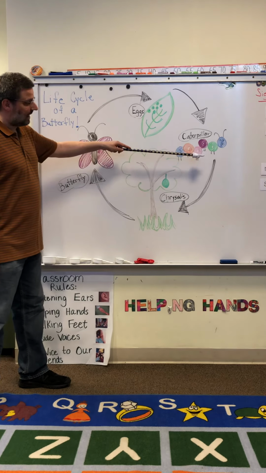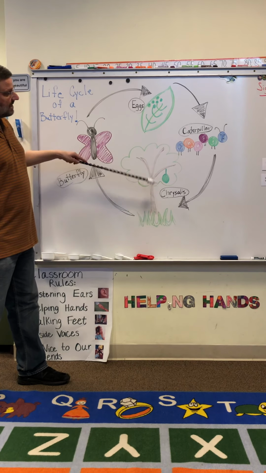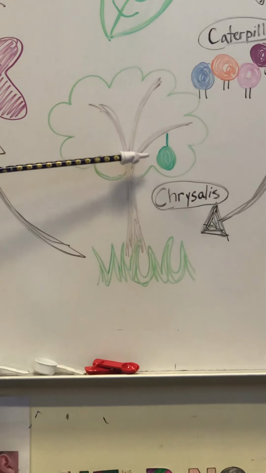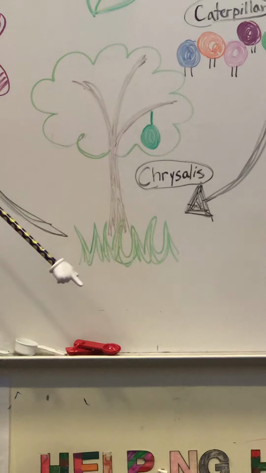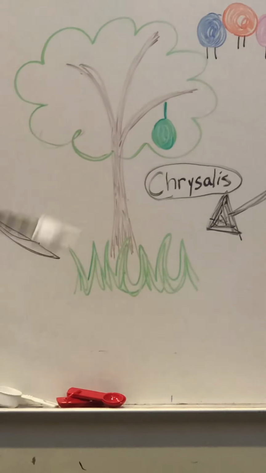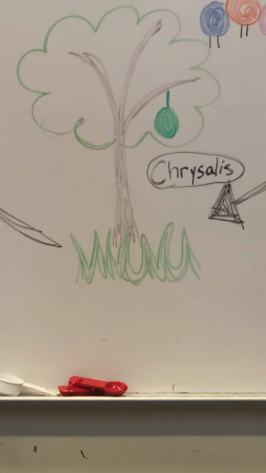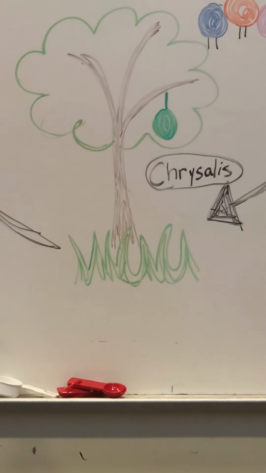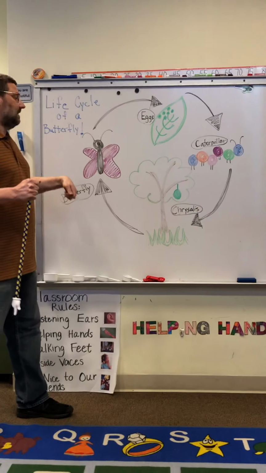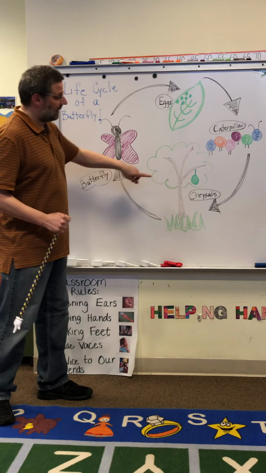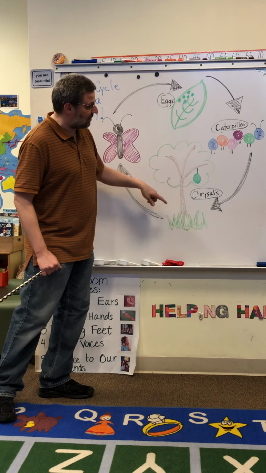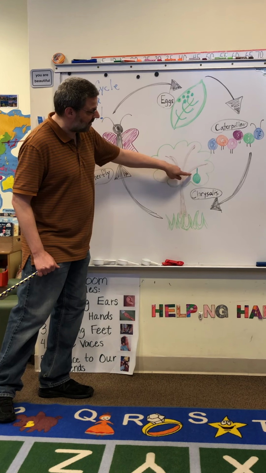Then it goes around again, and it makes a chrysalis. That word is chrysalis. So it hangs down underneath a branch or underneath a leaf, and it starts to make a case around itself, almost like it makes a pocket around itself. And it stays hooked on the wood here, okay?